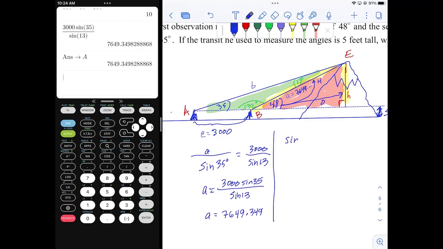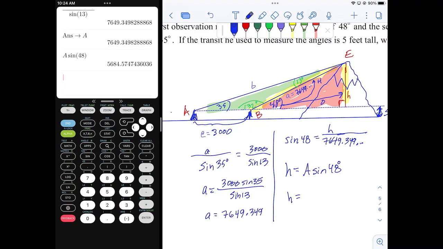So sine of 48 degrees equals the opposite over the hypotenuse, 7649.349... That's a reminder also to use the live answer. And so H is equal to A times sine of 48 degrees. And we get 5684.574.